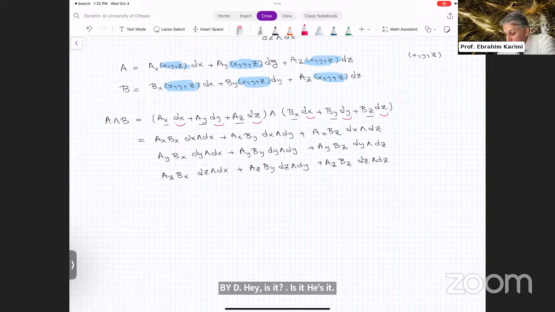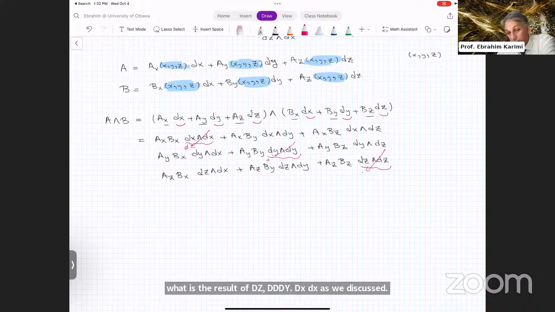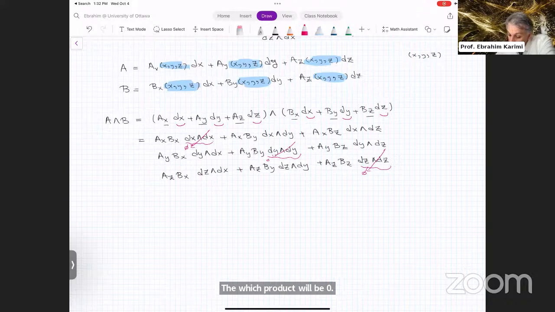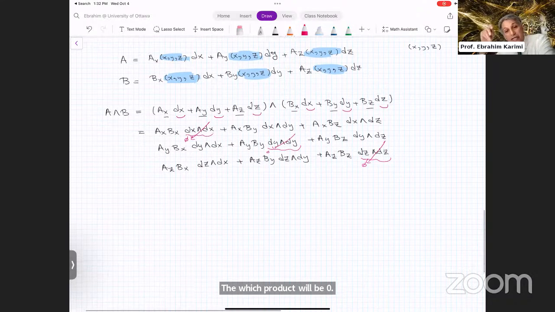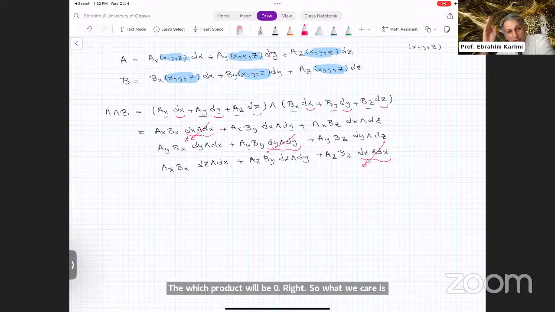So what is the result of dz dz, dy dy, dx dx? As we discussed, the wedge product will be 0, right? So what we care about is usually going with the positive order, X, Y, Z in sequence.